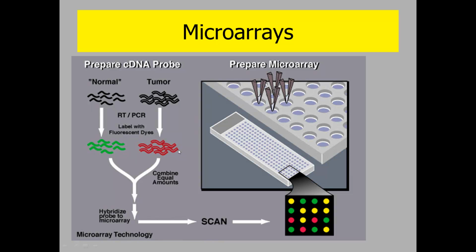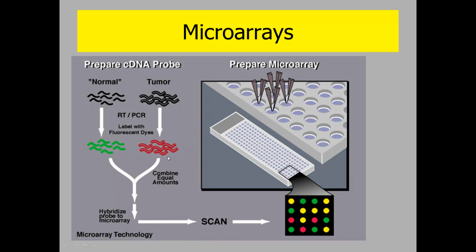So in this tumor tissue, you would make a fluorescent red probe, and in this normal tissue, you would make a fluorescent green probe. So what you can do then is hybridize these probe RNAs to the different DNA spots that are on the microarray.